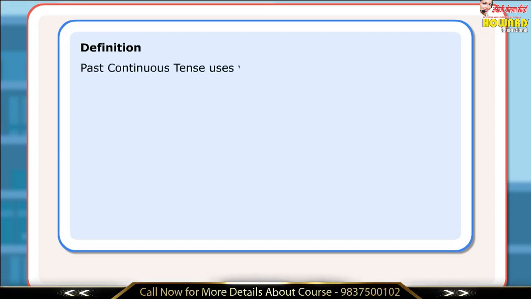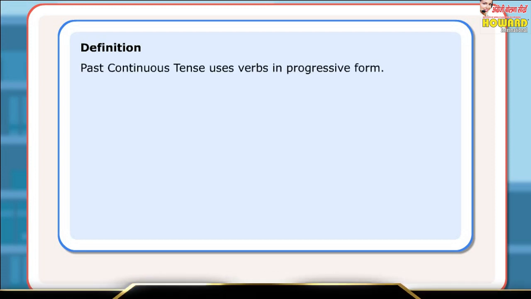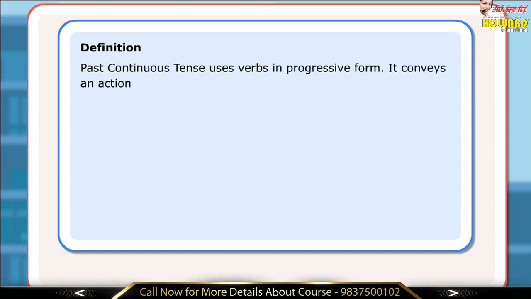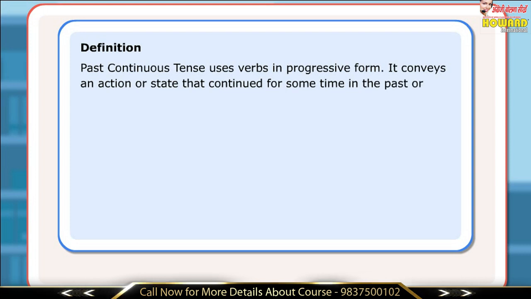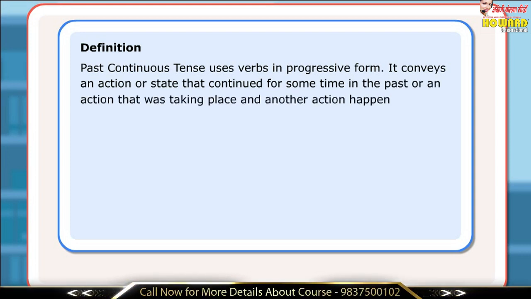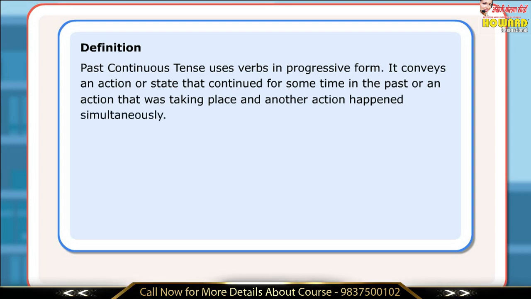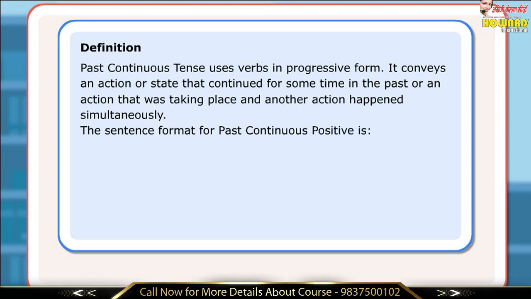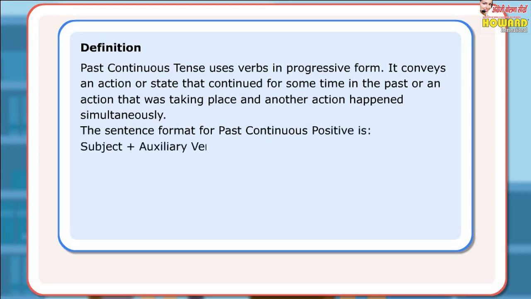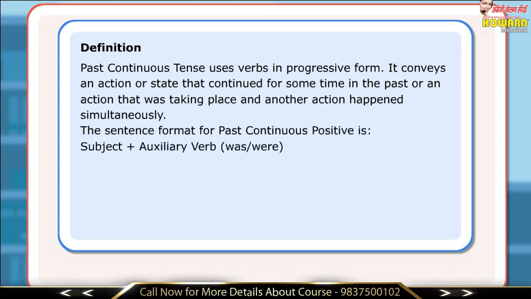Definition. Past continuous tense uses verbs in progressive form. It conveys an action or state that continued for some time in the past, or an action that was taking place and another action happened simultaneously. The sentence format for past continuous positive is subject plus auxiliary verb was or were plus root form of verb plus ing plus object.